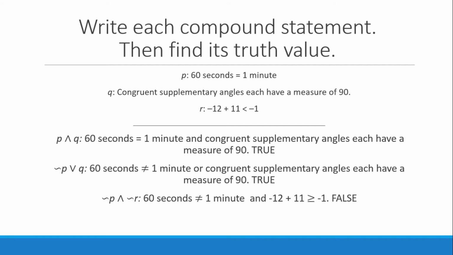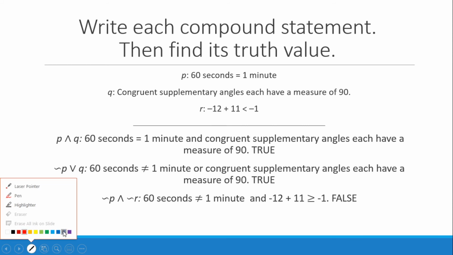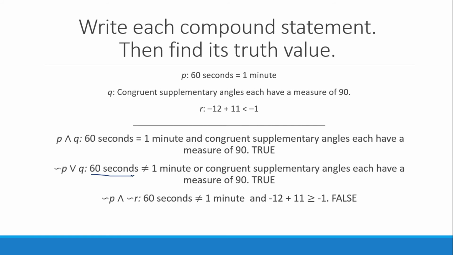Even though not P is false, this statement, where the angles measure 90, is true. So this or means we have a true statement, whereas and requires this to be true and this to be true.